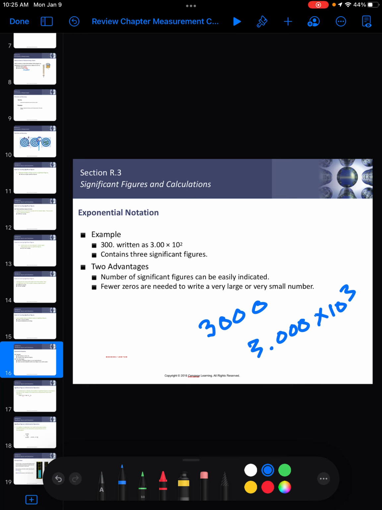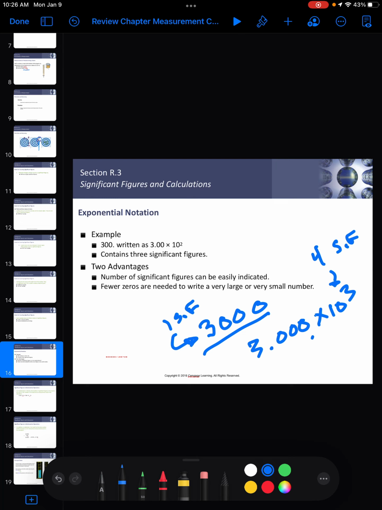Or you can tell the difference between 3.000 and 3.001 in this position. So this has 4 SigFigs, 4 significant figures. And this one only has 1 SigFig.